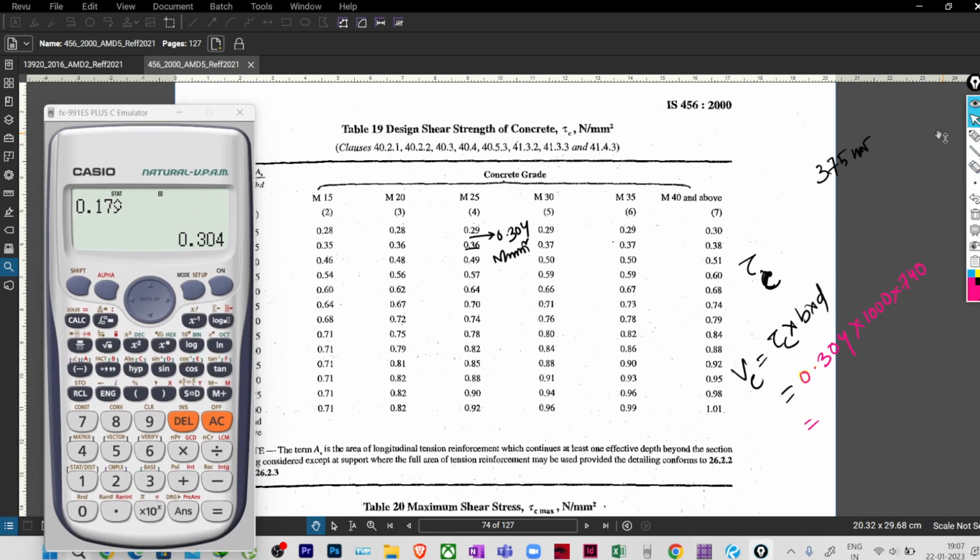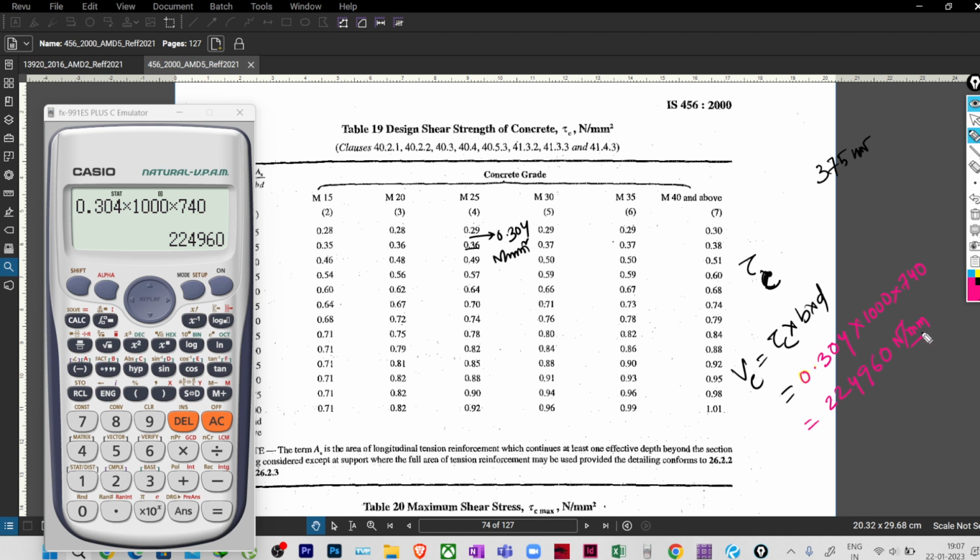So how much are we getting? We are getting 0.304 multiplied by 1000 multiplied by 740. So it is around 224960. Okay, it is Newton per meter. Sorry, Newton per mm.